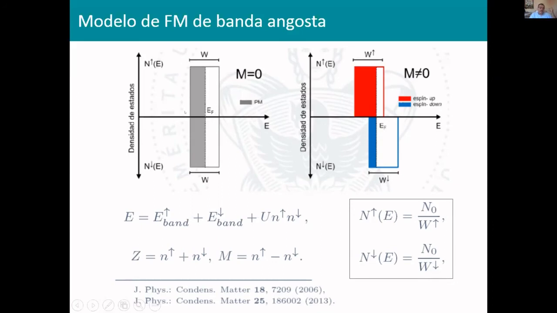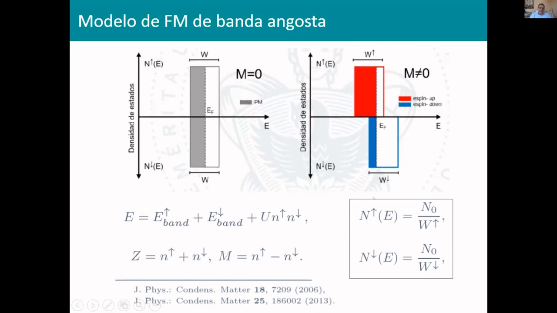The elements are these. We assume a rectangular band density of states for the two spin channels characterized by this bandwidth, and we calculate analytically the change of the energy as a result of the spin polarization.